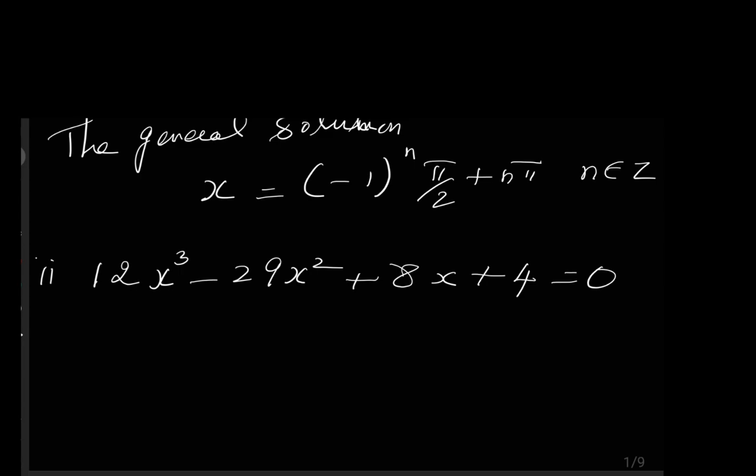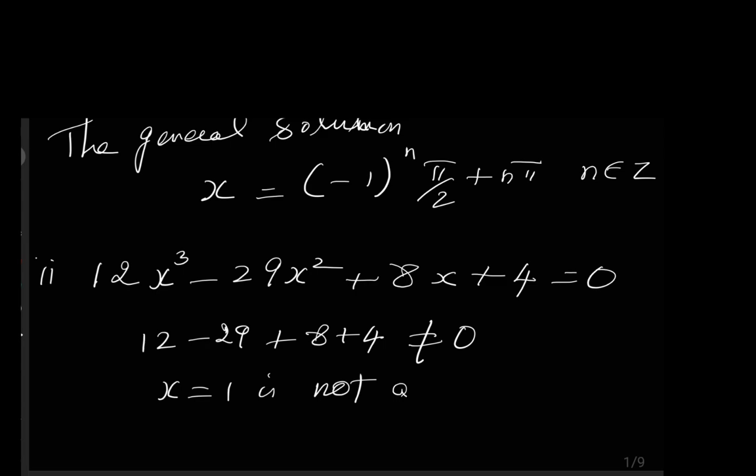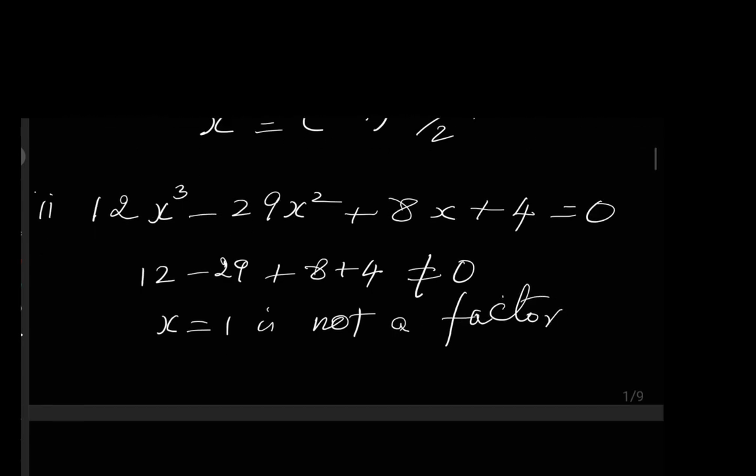If I get that equal to 0, I will say x equal to 1 is a factor. See, 12 minus 29 plus 8 plus 4. If you add these, it's not equal to 0. So x equal to 1 is not a factor.